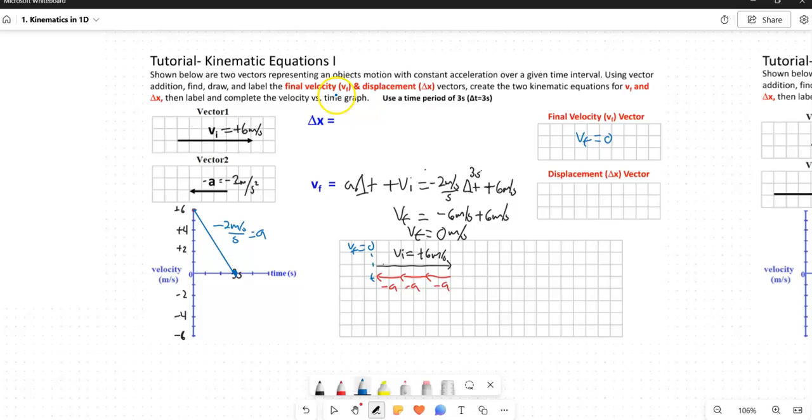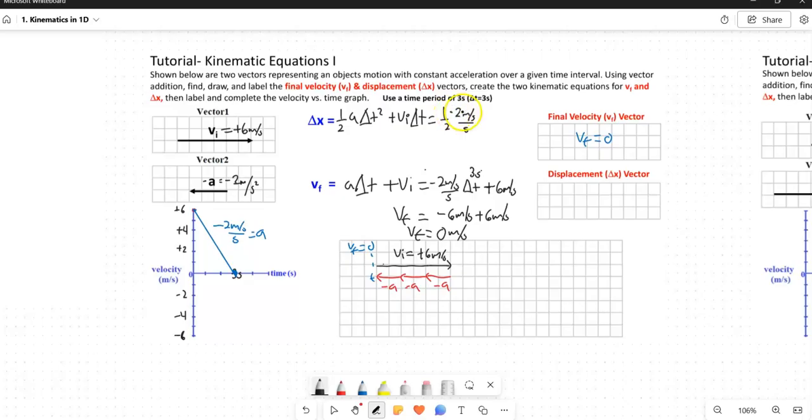Okay. For the displacement vector, we could use equations, but we could also work it out mathematically. This is going to be 1/2 the acceleration vector, delta t squared, plus the initial velocity, delta t. So when we put in our values, this is going to be 1/2 of -2 meters per second for every second.